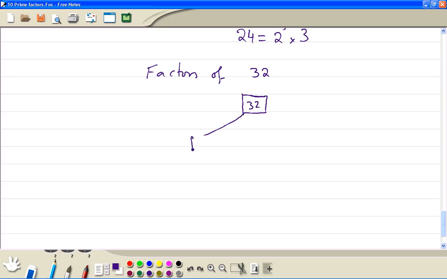So the first factor, prime number, is 2. And it's 2 times 16. Then we split 16. It's 2 times 8.